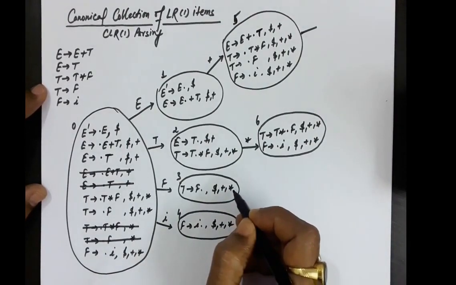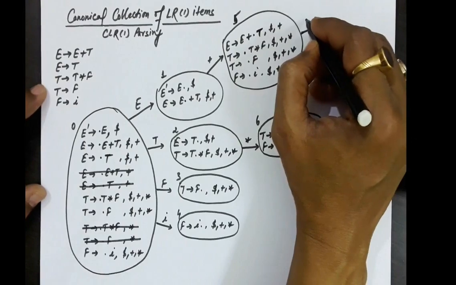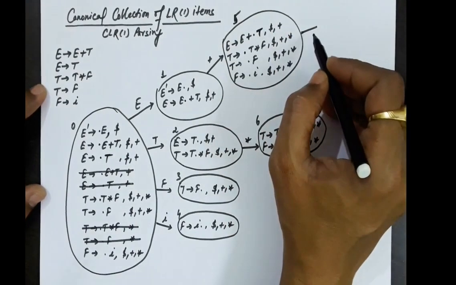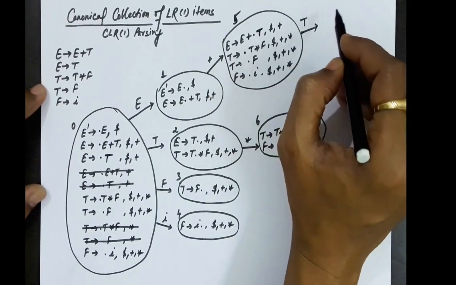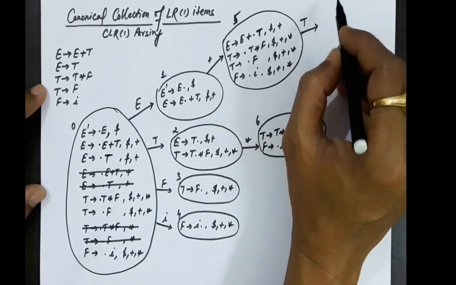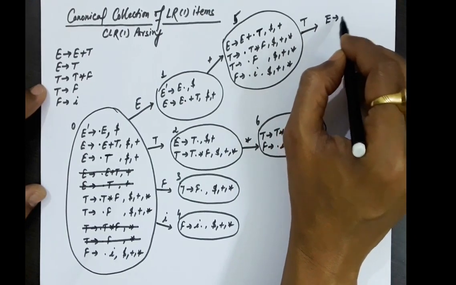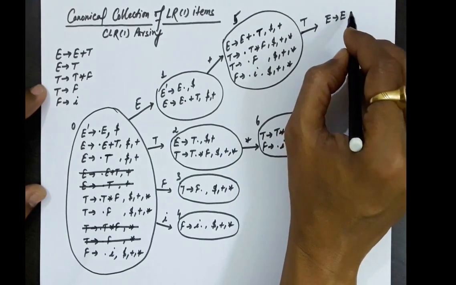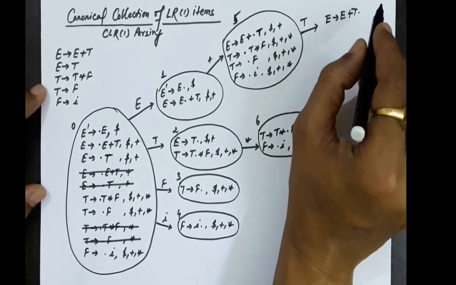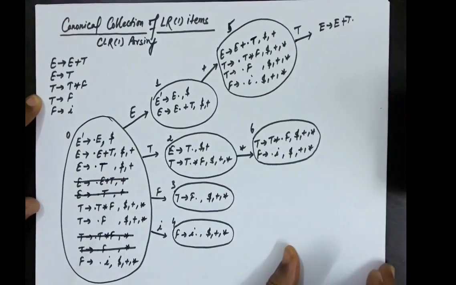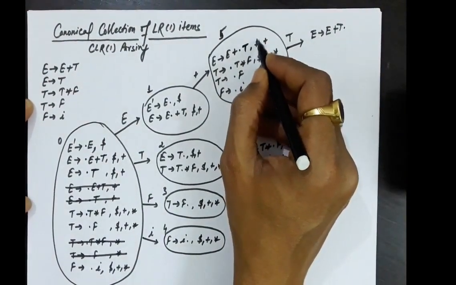No transition is possible from this state, and no transition is possible from this state as well. Now coming to 5, if you take a symbol capital T here, the transitions which are possible here are E produces E plus T dot, and the look ahead will be all the look aheads which are there for the dollar and plus.